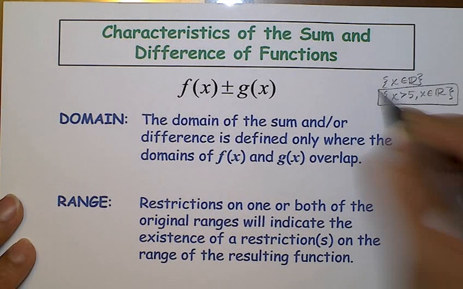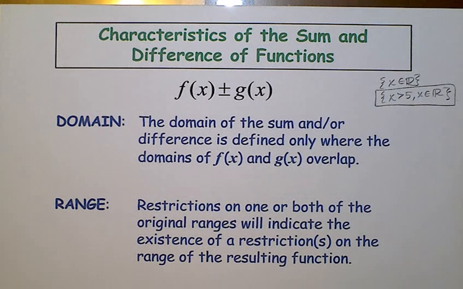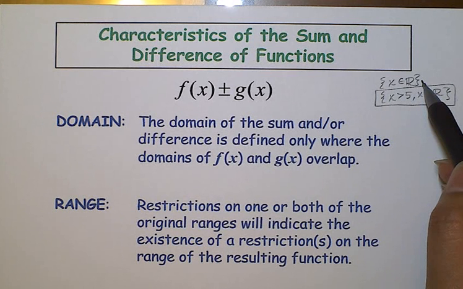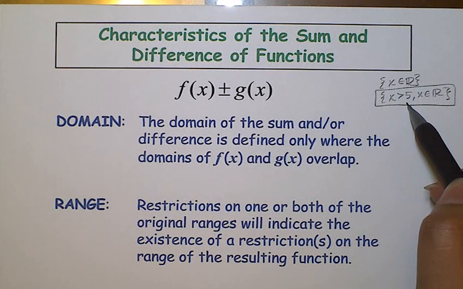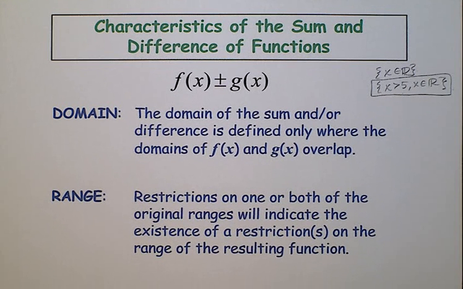The only part where the two functions overlap is when x is greater than 5. All real numbers can't work because this function doesn't exist for values of x that are less than 5. It only exists for values of x that are greater than 5. So the domain is only defined where the domains of f of x and g of x actually overlap.